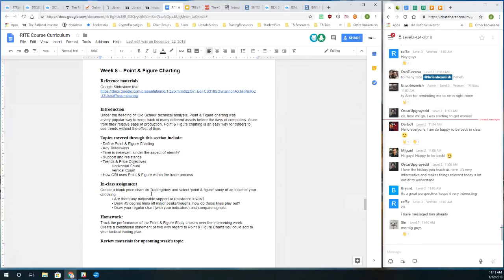See if the information you're getting from your point and figure charts also lines up with setups from your trading plans from Level 1 and some of the concepts we've introduced through this Level 2 program. A little bit of trial and error here. Like I said, be careful on the box size method. We'll get to that in a bit. And really, just have some fun with this.